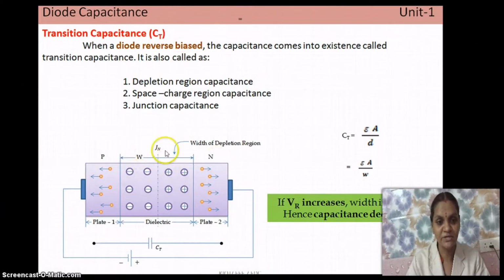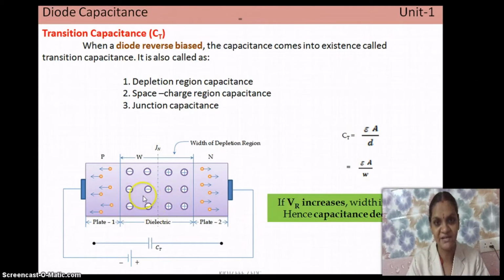Initially the dipole creations will be there, and as time goes on, they increase with the reverse bias voltage. W is the width of the depletion region, and J suffix N is the junction. This depletion region is acting as a dielectric or insulating medium.